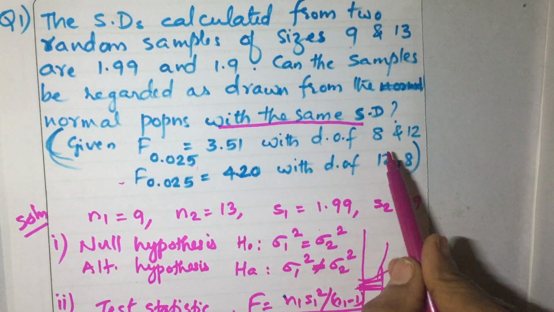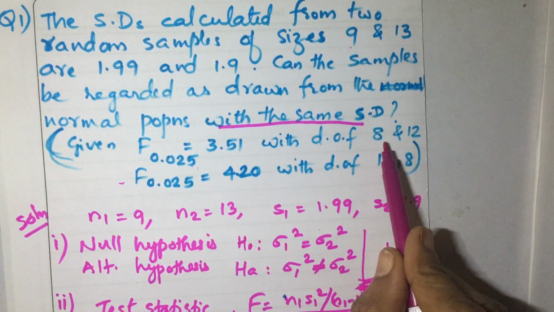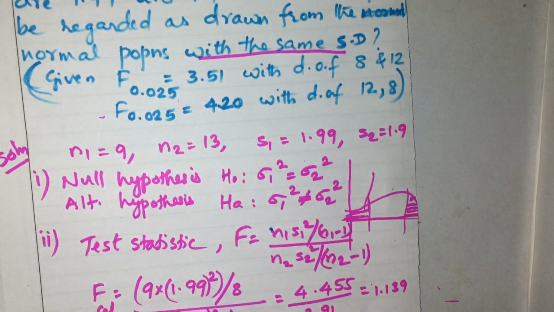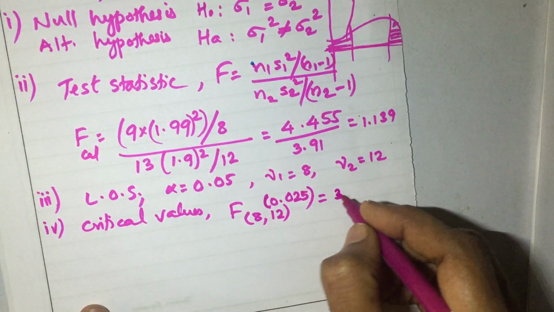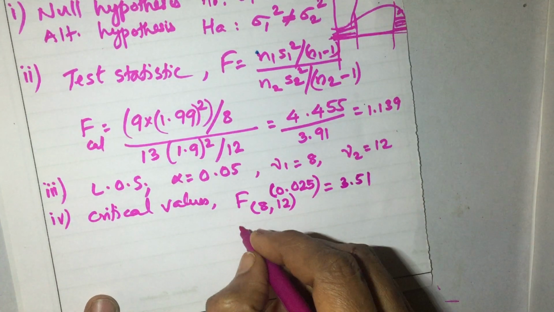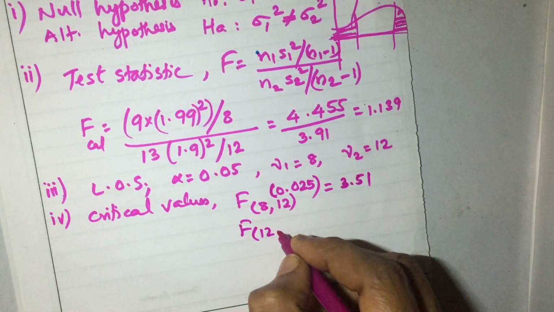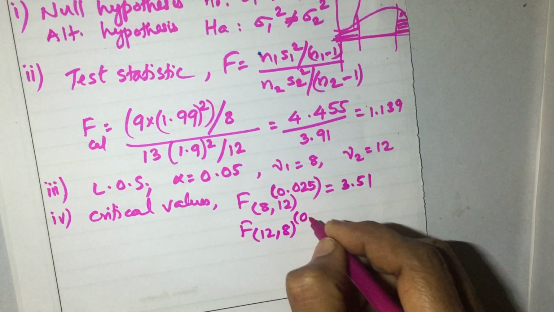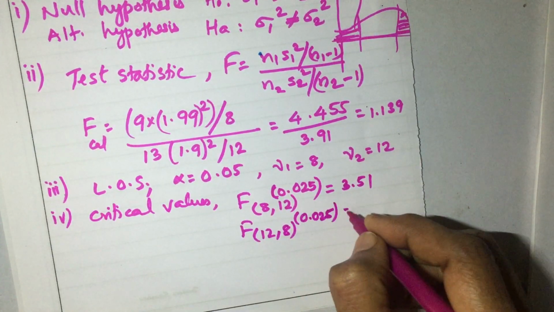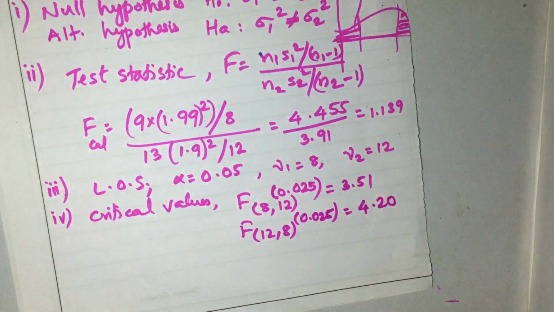It is given here for degrees of freedom 8 and 12, 0.025 is 3.51, and for F12,8 at 0.025 is given as 4.20.